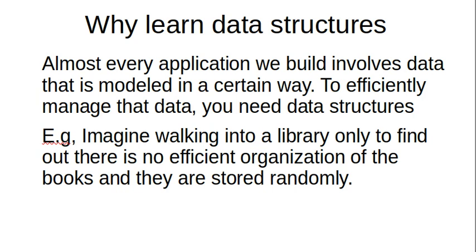For instance, imagine walking into a library only to find out that there is no efficient organization of the books, or they are stored randomly. That is, the book that you're trying to look for is not where you're supposed to find it. So this is going to be a chaotic task.